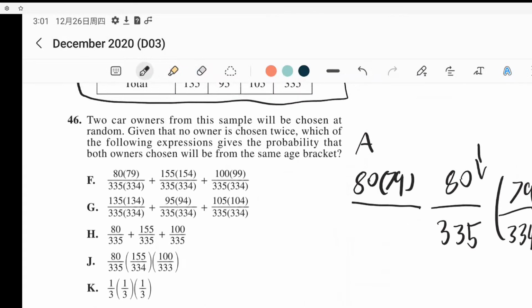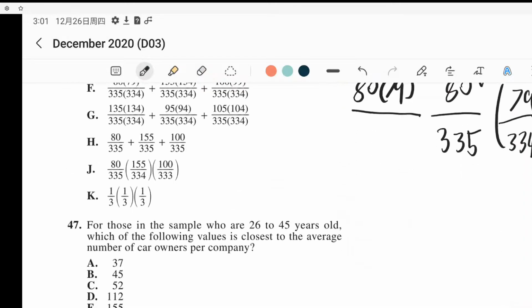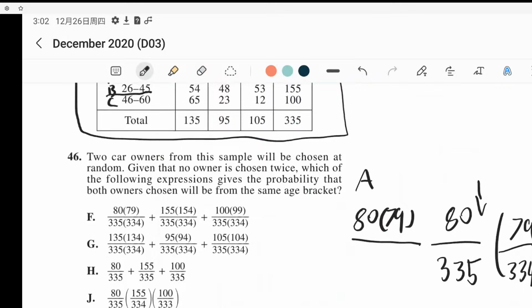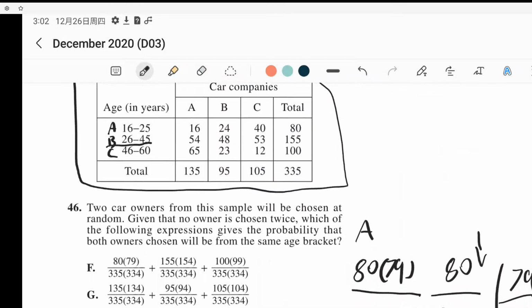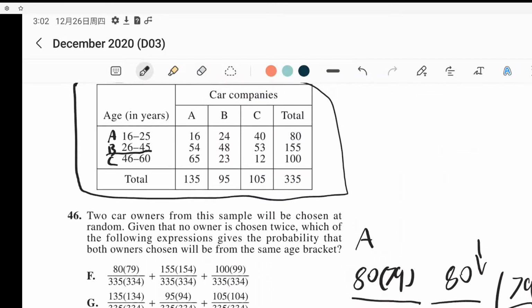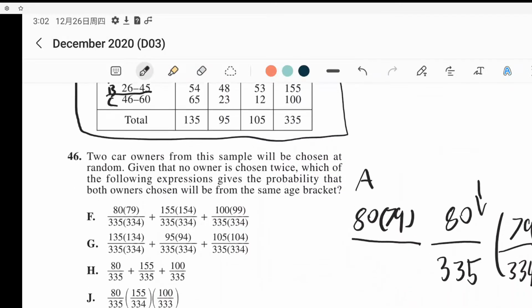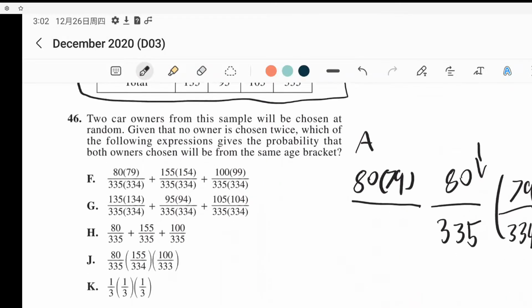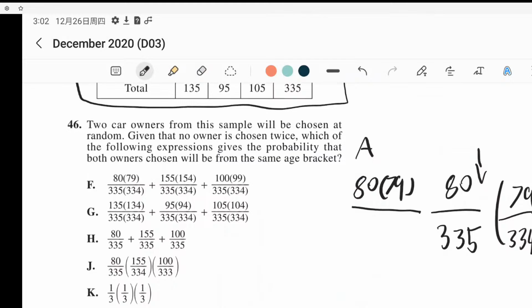So let's consider this. We have 155 total, and we're just going to average out the 3 companies. They already gave us the sum, so we could divide this.